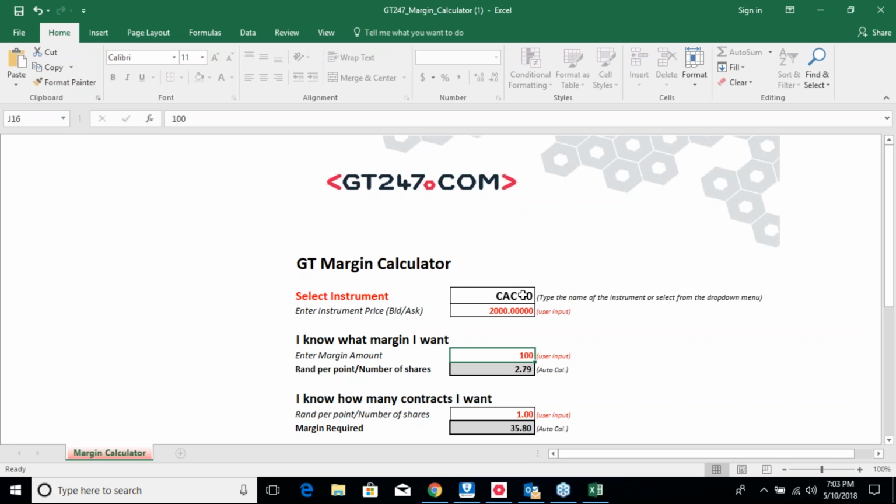One more time, you first select the instrument you want to put in, and then you input the price it is currently trading at. You either determine the margin amount you want, or you put in the amount of contracts or volume you're looking to go in for, and it will calculate the results for you.